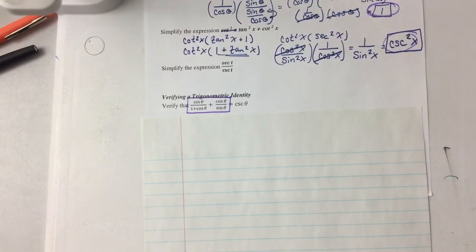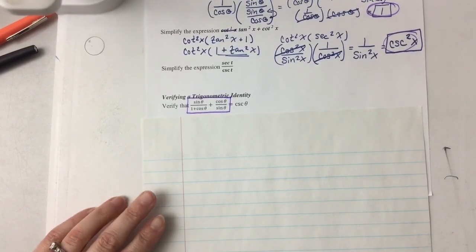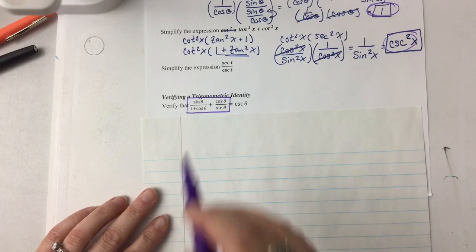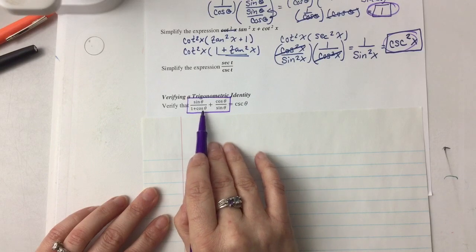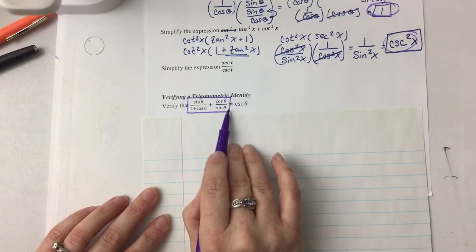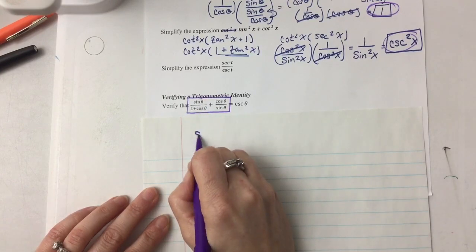First thing that I notice is that they want me to add fractions. You can't add fractions unless you have a common denominator. When you're finding a common denominator, you're not allowed to get rid of any pieces. So what I have to do is put 1 plus a cosine of theta on this side, and a sine of theta on this side. Here's what this would look like.